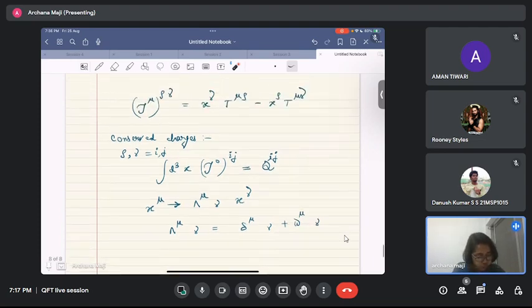So when we take rho and nu to be ij and find the conserved charge, it is nothing but the total angular momentum of the field phi.